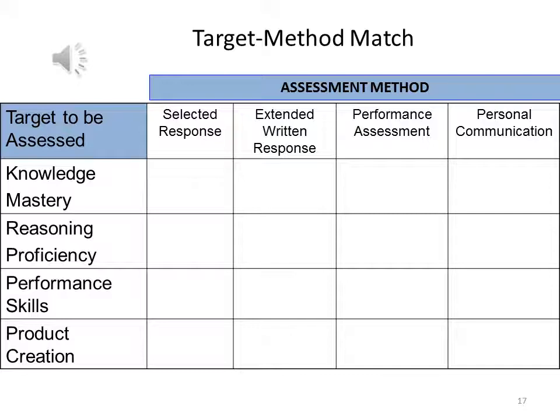Again, there are many, many types of assessments, but for the target method match, they focus on these 4. To test knowledge, you don't choose all 4 assessment methods, you choose the best.